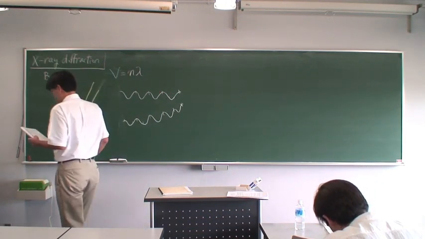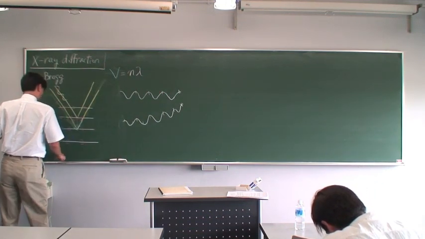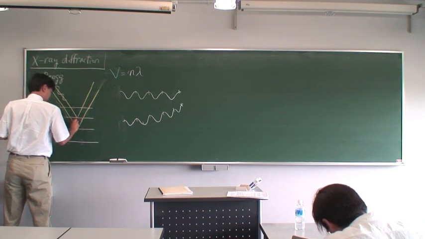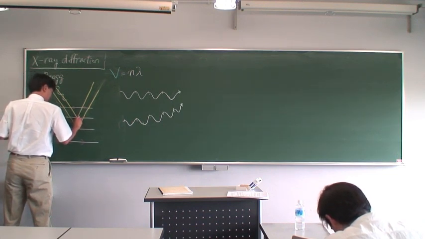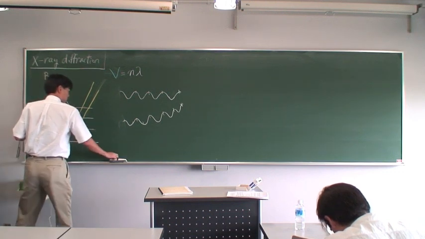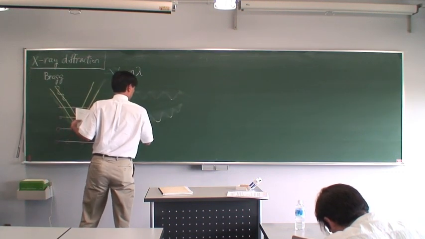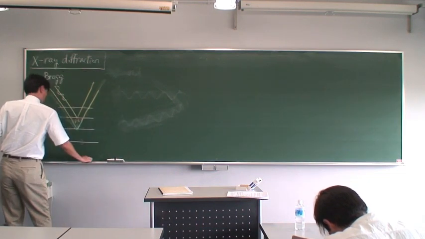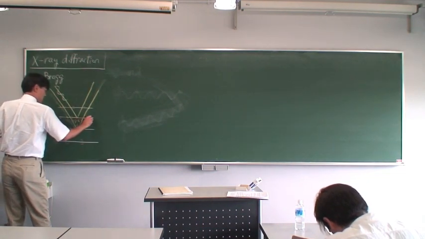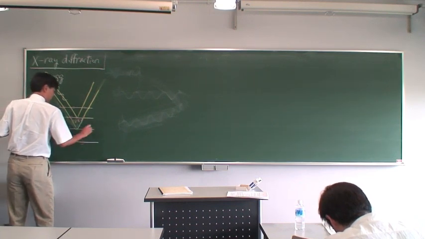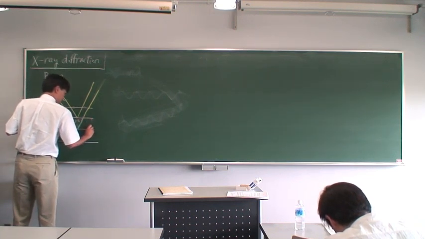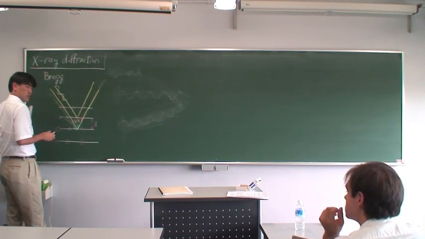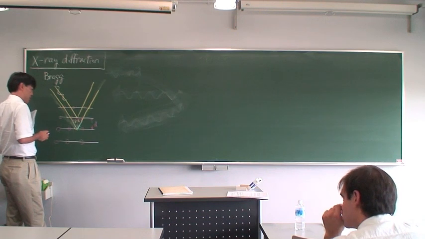So basically, if we define this angle as theta, this angle as theta, and this distance of course is d, as we define as the plane separation.